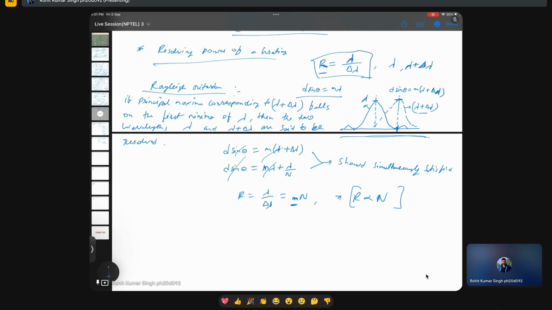Because if they come closer, then they will get merged and you cannot tell them apart. So this is the minimum criterion you need, that the maxima should fall on the minima of the other one, so that you can tell them apart. So this is the concept. Is this fine?